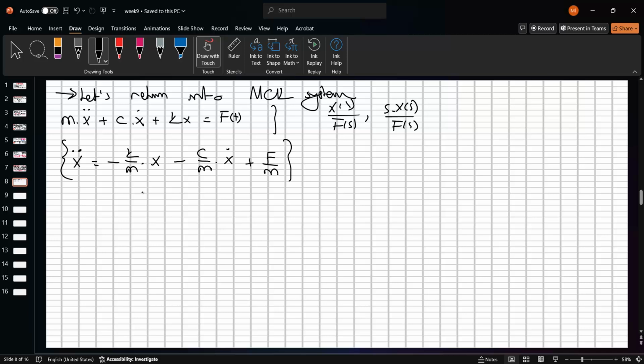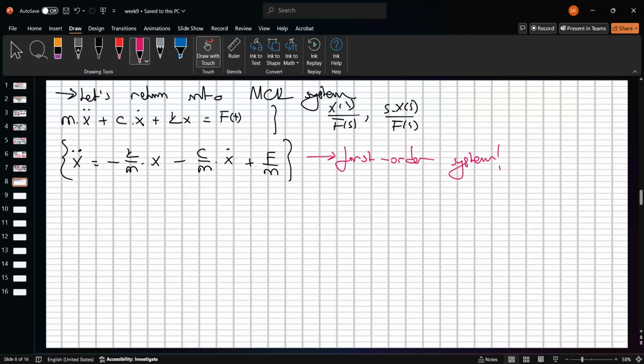In order to solve this problem, we need to define everything as a first order system, because for a first order system we have only one state. If we have a second order system here, we have two states, x and x dot.